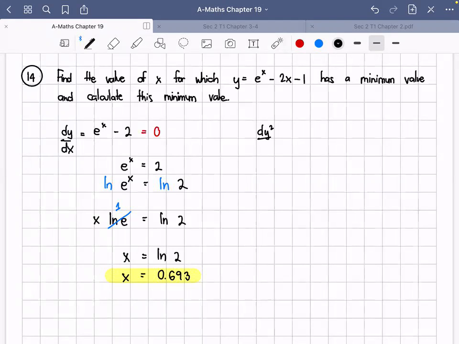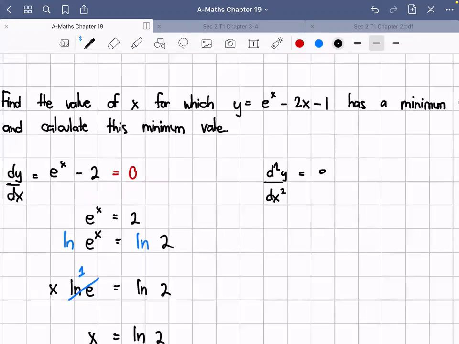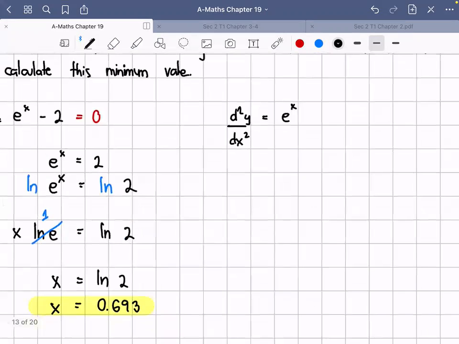It's still e raised to x. So d squared y over dx squared is equal to e raised to x, okay?